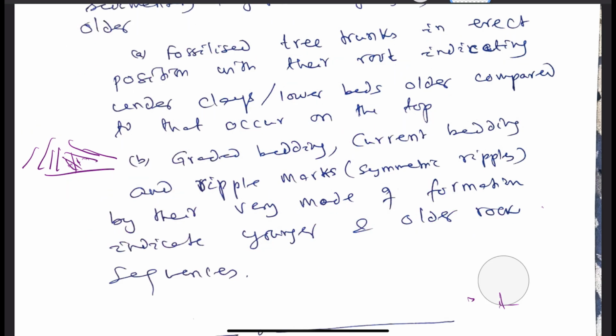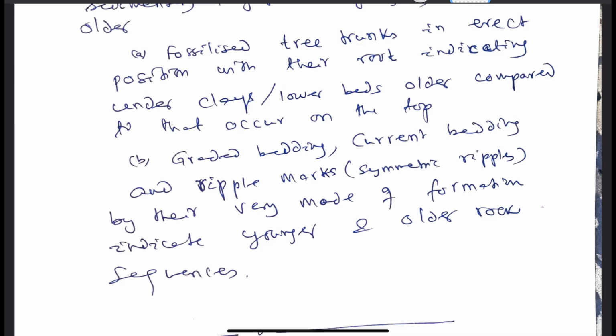So these are some of the principles by virtue of which it is possible to build stratigraphy and arrange rock types in order of their age. First, the age of the rock type is to be determined, whether by the order of superposition, or by the use of fossil contents, or by the top and bottom criteria, or by the presence of cross-cutting relationships and inclusions.